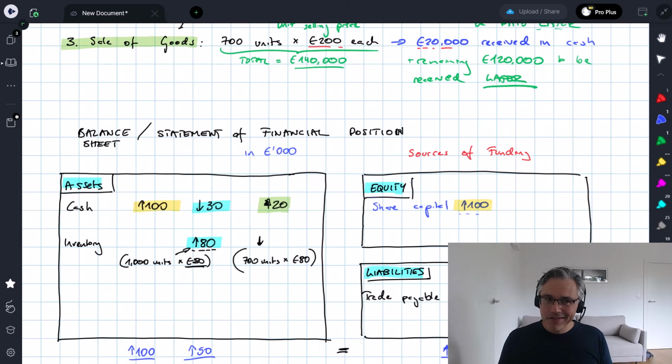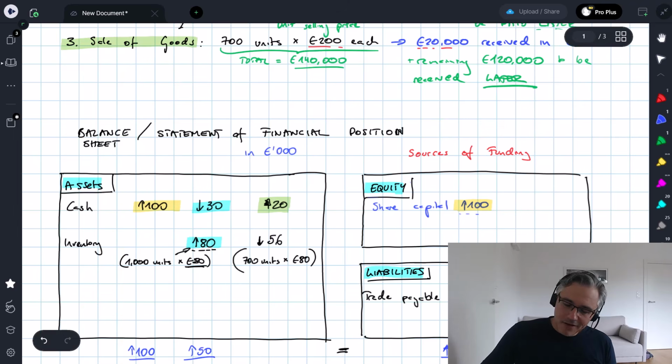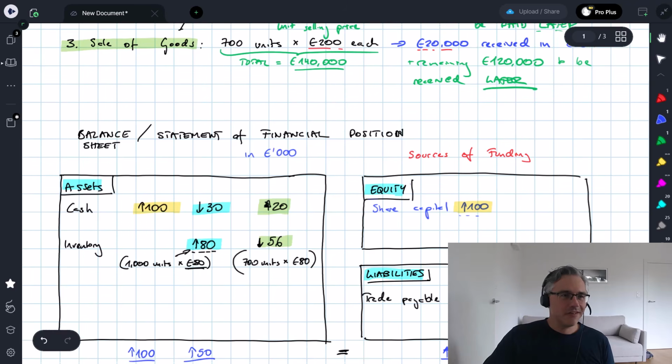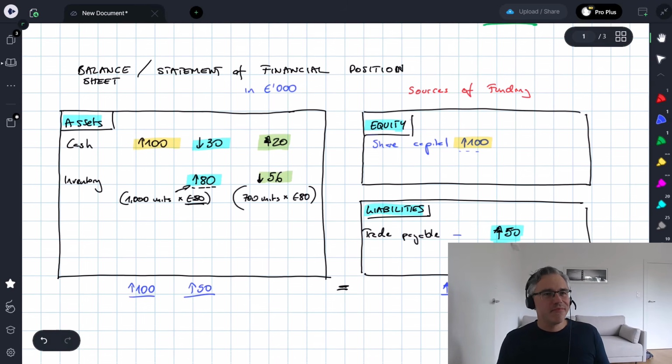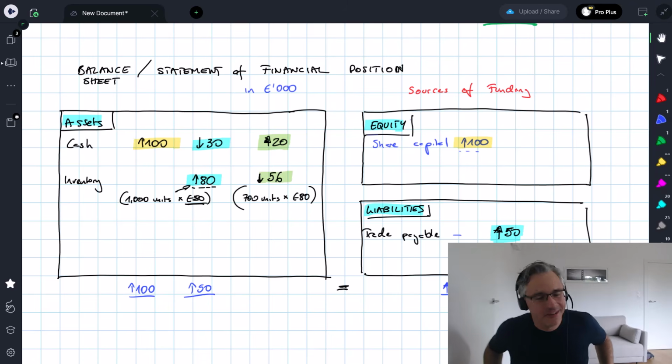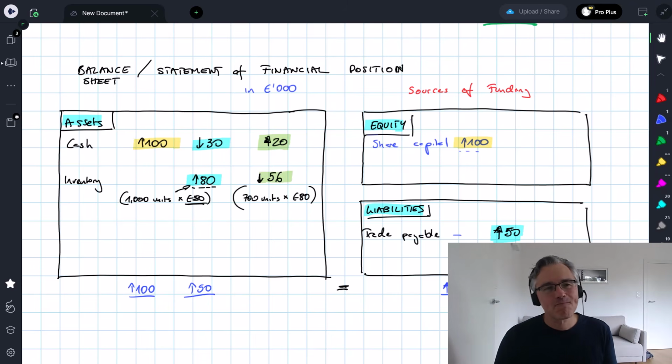Now 700 times 80 is 56,000. So I'm going to do a downward arrow for 56 over here. You may obviously check my math, but I've done this example on paper before, so I know what that 700 times 80 is 56. I did check.